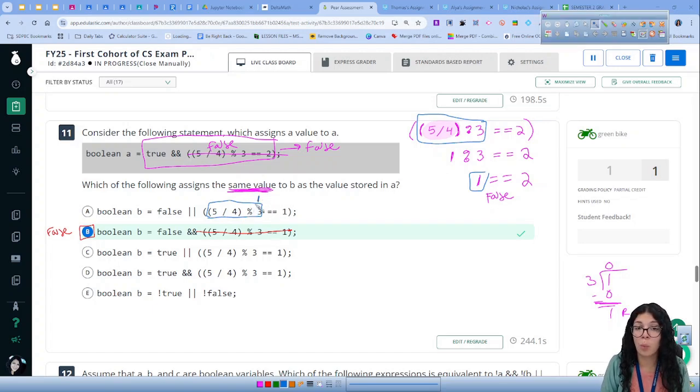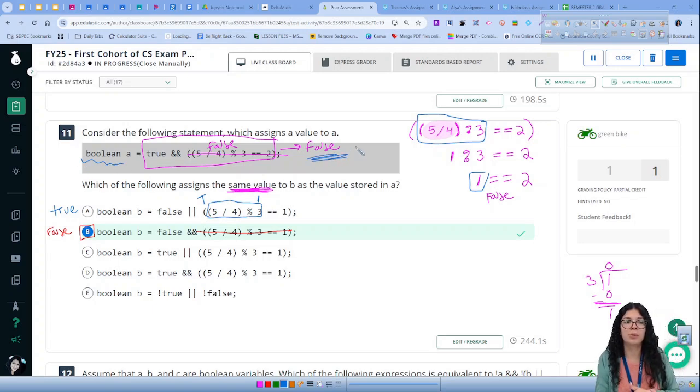So we would be checking 1 equals 1, which is true. So false or true would end up giving us a true. So A gives me a true value. So if Boolean A stores false, then true is not matching that. So that's why A is incorrect.